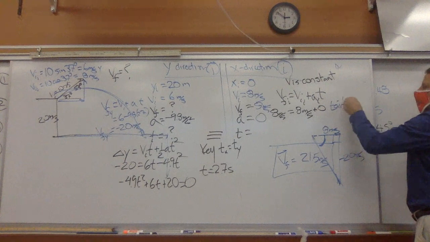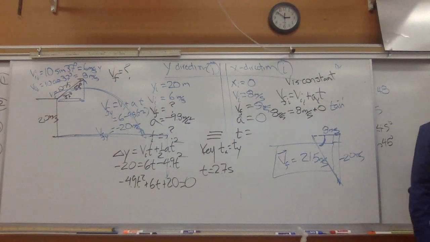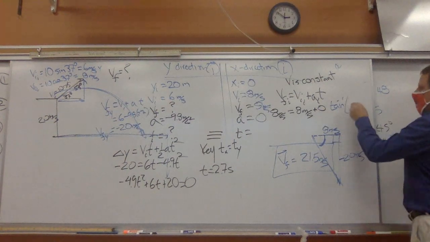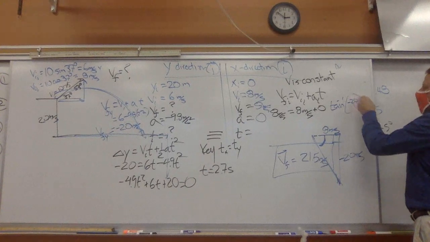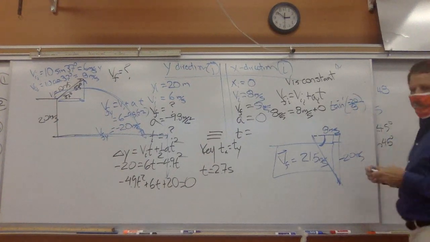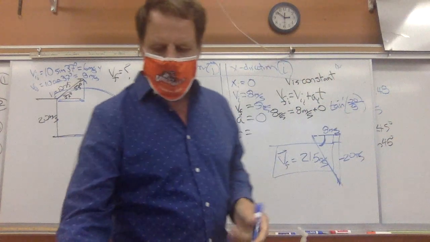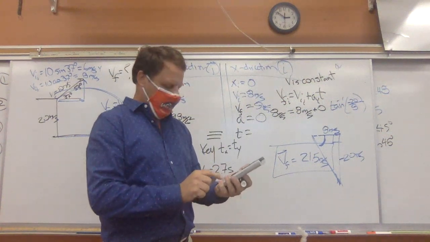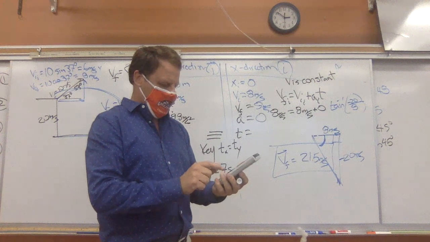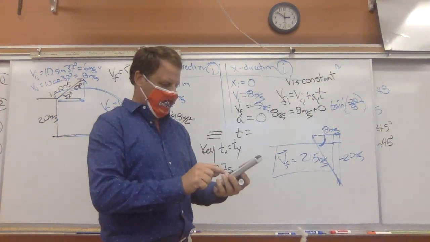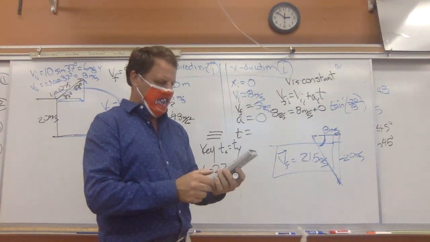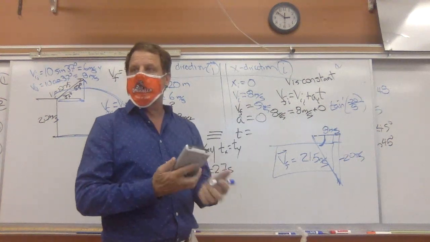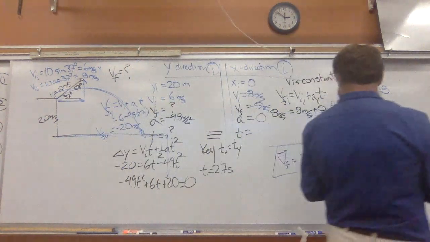We're going to use inverse tangent, and that inverse tangent is going to be negative 20 over 8. Using the calculator, inverse tangent of negative 20 divided by 8, I'm going to get negative 68 degrees.